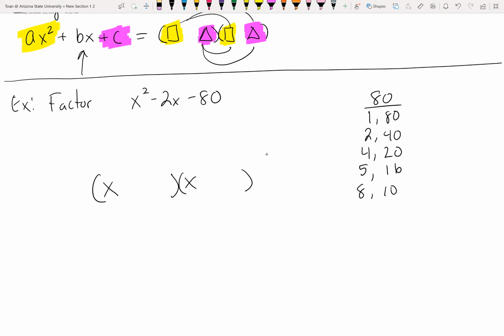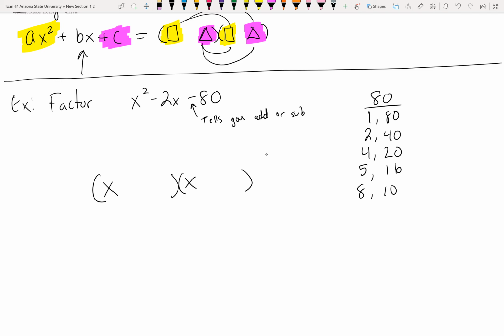Next, you're going to look at the very last symbol here. This tells you to add or subtract. And I hope it's very obvious, if you see a minus, you think of subtract. If you see a plus, you think of add. So obviously, I'm going to think of subtract. What I have to do is look at these pairs here together. 1 and 80, 2 and 40, 4 and 20, so on and so forth.